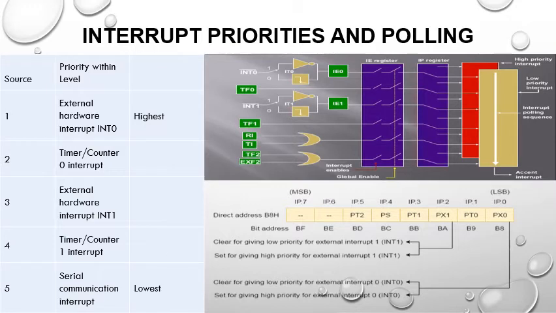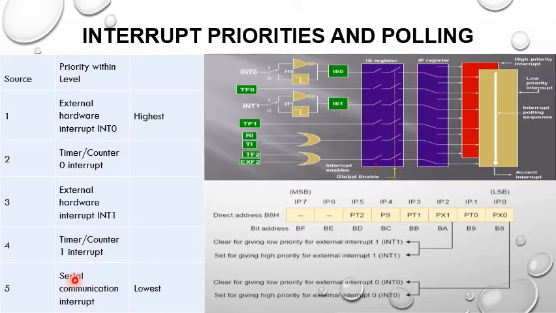Let us now discuss interrupt priority and queuing. After every instruction, the 8051 automatically evaluates whether an interrupt should occur or not. Interrupt conditions are checked in the following order: external interrupt 0, timer counter 0 interrupt, external hardware interrupt 1, timer counter 1 interrupt, and finally serial communication interrupt.